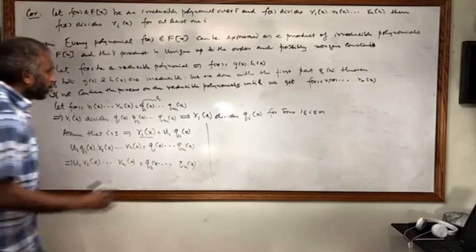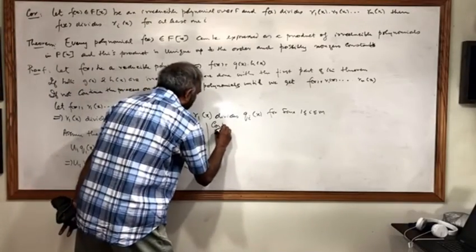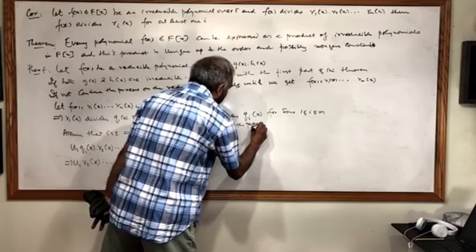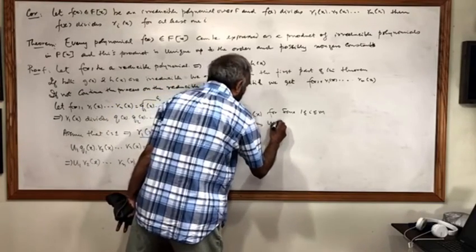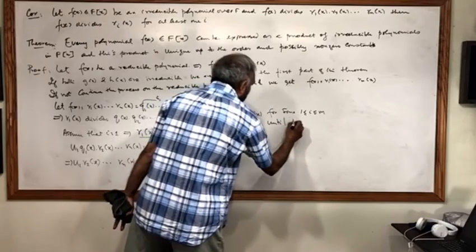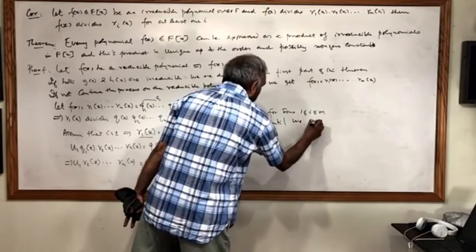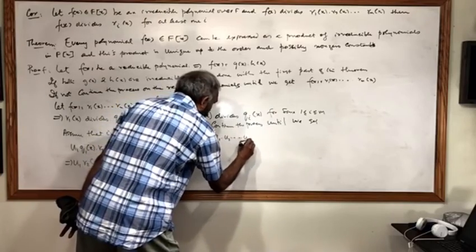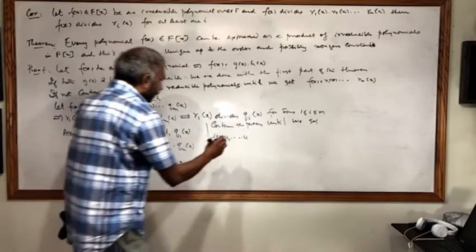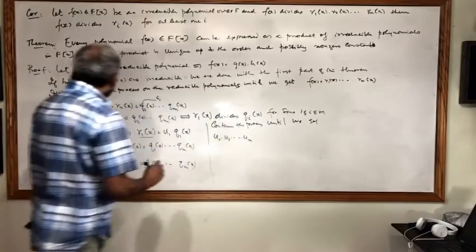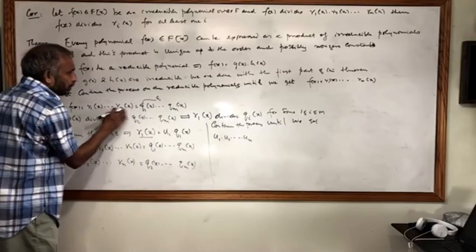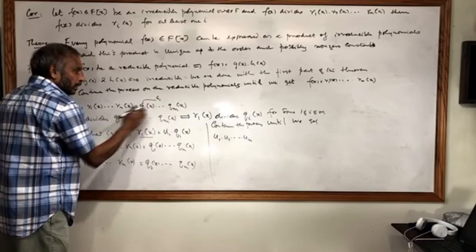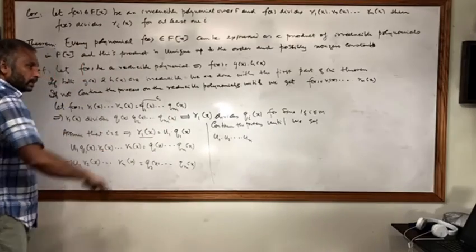We'll continue this process until we get u1 times u2 times ... un. We are assuming that n is less than or equal to m. Otherwise, we will reverse the process.